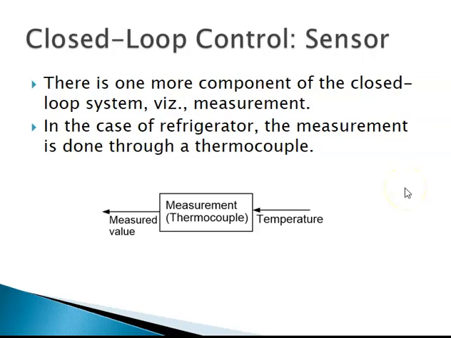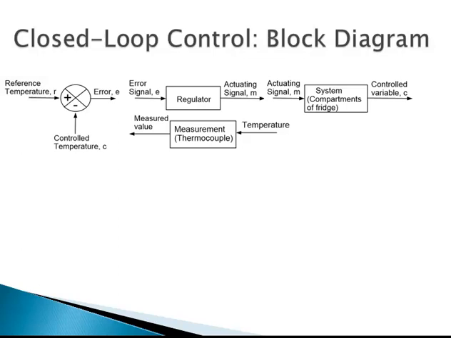We'll try to put all these things together to form an overall connected block diagram, which is shown over here. This is the comparator, this is the regulator, this is the actual system, and this is the thermocouple. You can see that the temperature is coming from right to left and coming back. That is the reason why this diagram is drawn flipped. You have input at one end, output at the other end.